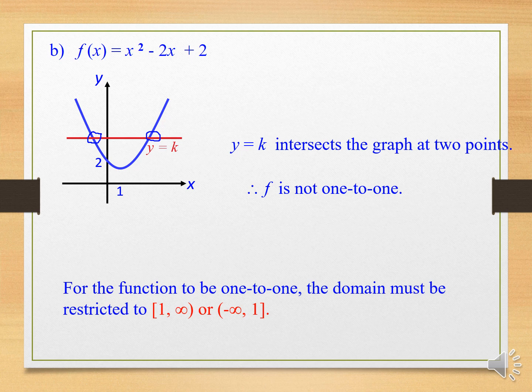We must restrict the domain either to 1 to positive infinity, which is this area, or from negative infinity to 1, this area, because the minimum point occurs at (1, 2).